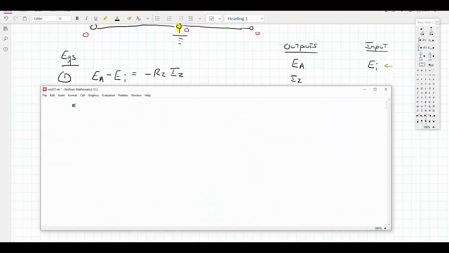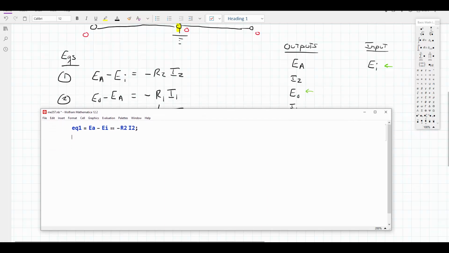And putting these in, EQ1 is going to be EA minus EI, negative R2 I2. My second equation, I have EO minus EA is negative R1 I1.